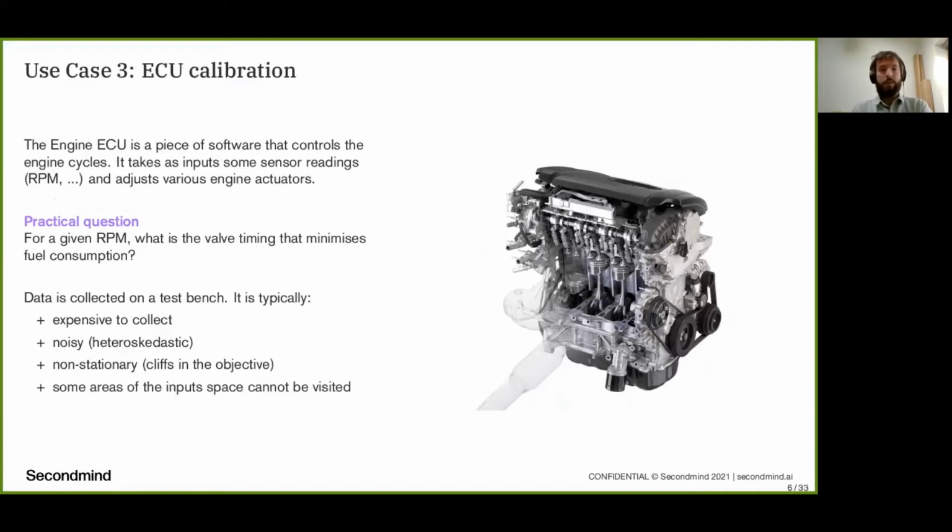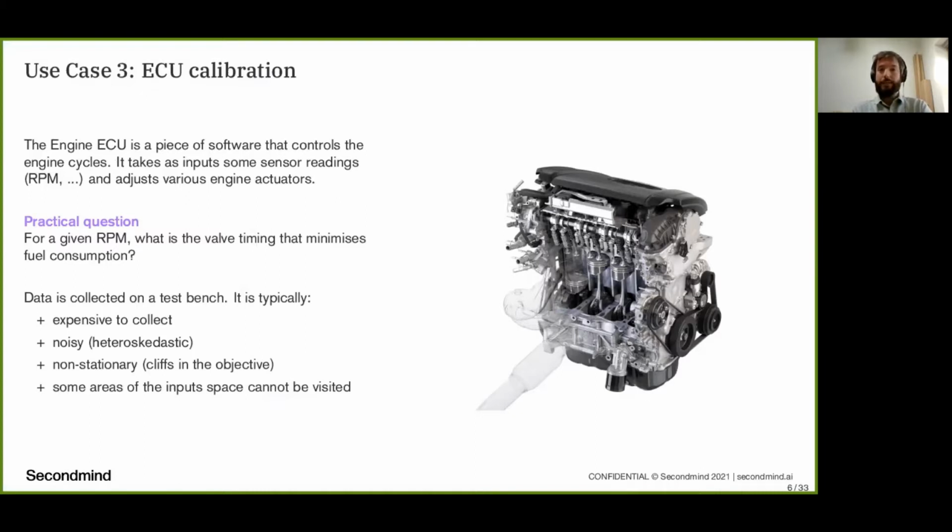The ECU is a piece of software that controls the engine cycles, and it will use some sensor readings, for example, the RPM or these kinds of quantities, and adjust various engine actuators. So, for example, it will adjust when the valves should open and close, when you inject fuel, all these kinds of things. All those variables are controlled so that the engine runs the best it can. That means such that the fuel consumption of the engine is as small as possible.